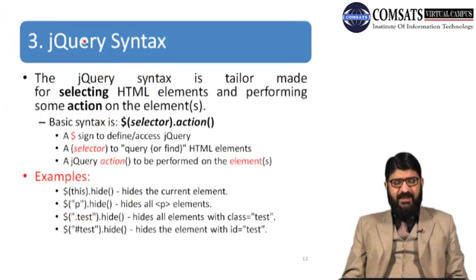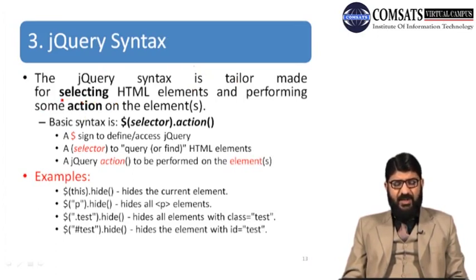So what is the syntax for writing jQuery? The jQuery syntax is tailored. By tailored I mean customized, made accordingly. So the jQuery syntax is made for selecting HTML elements, number one, and performing actions on those elements.